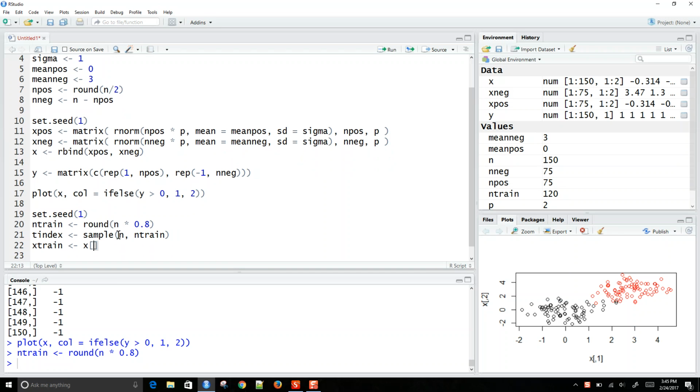Then we'll pull x train, and then we'll pull the same thing for x test. It'll be everything in x minus the training ones.